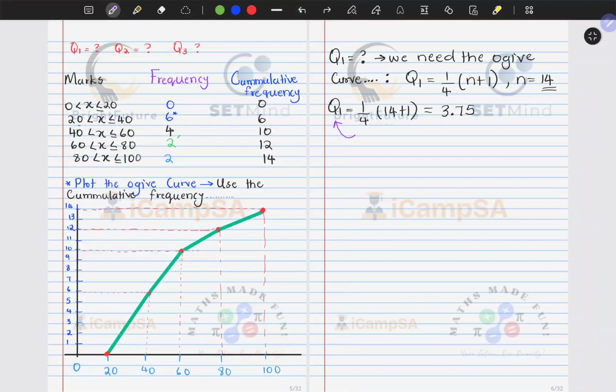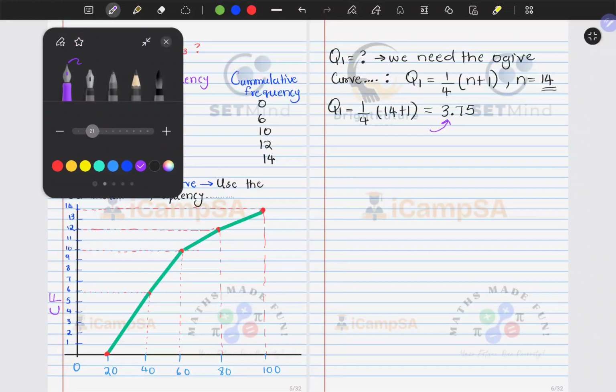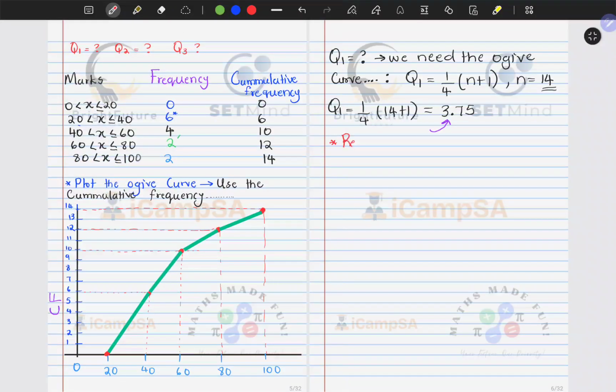Then here's what we are going to do. We are going to read 3.75 on the cumulative frequency. This one here is CF, for cumulative frequency. It's very important. We are going to read a cumulative frequency of 3.75, and then find the class where this is at, or an approximation.